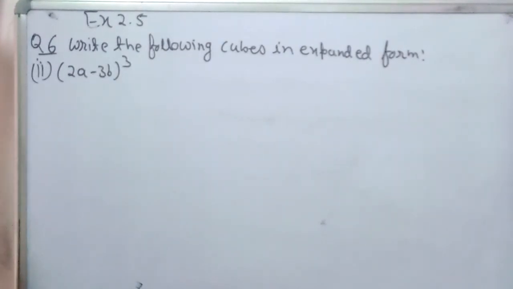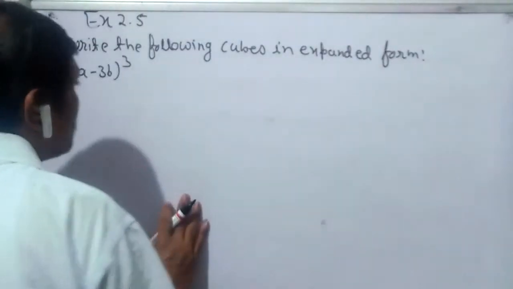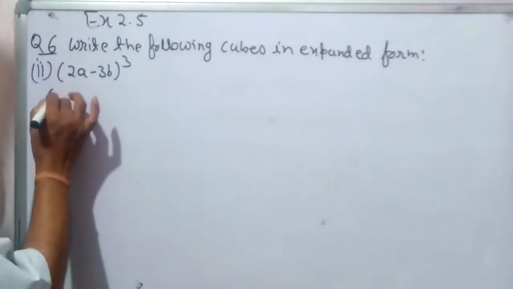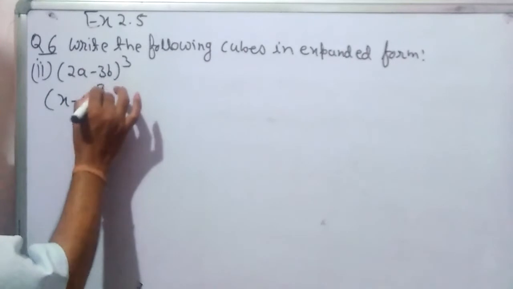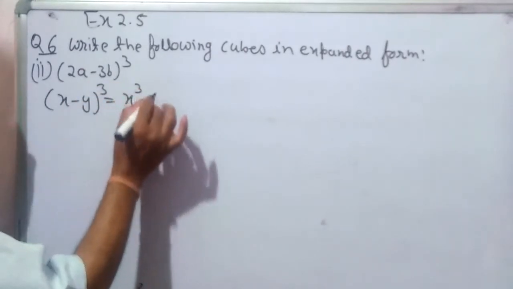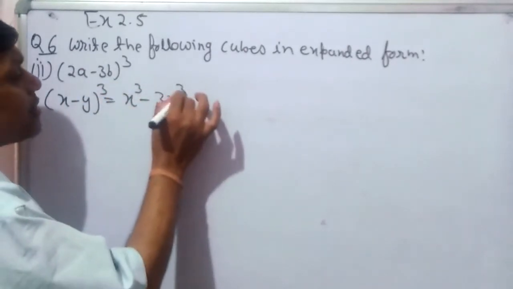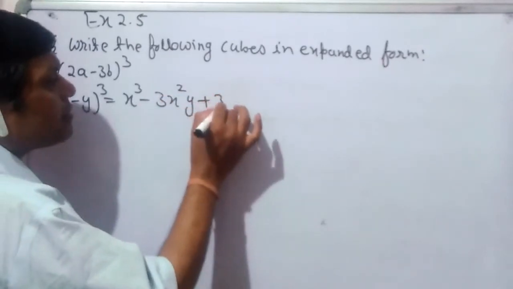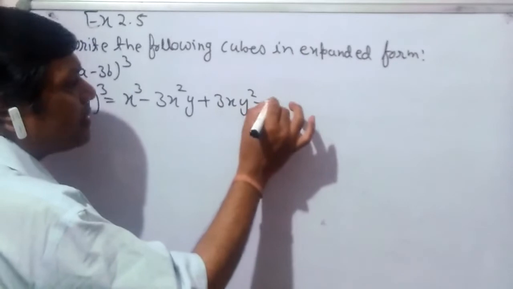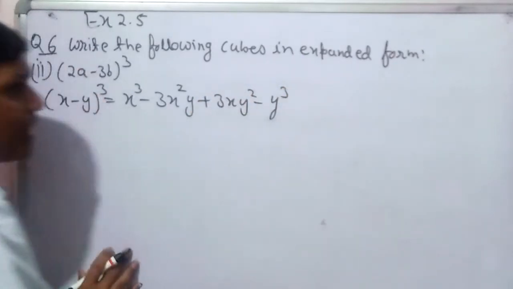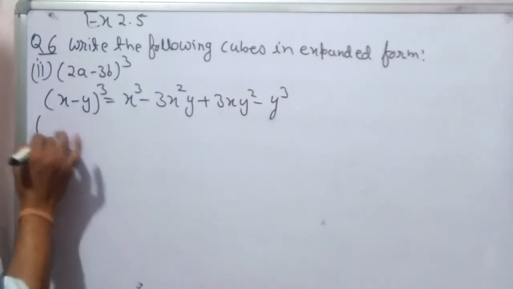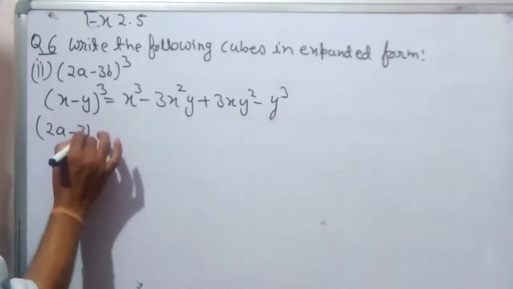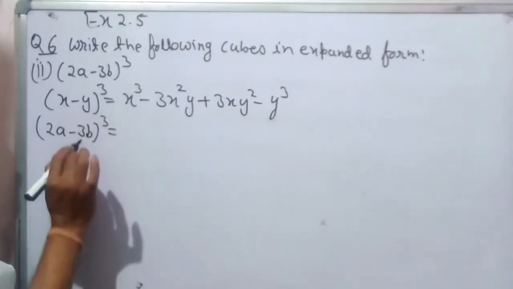The second part, students, is (twice a minus 3b) whole cube. Here the identity we observe is (x minus y) whole cube. And we remember this identity, x cube minus 3x square y plus 3xy square minus y cube. Just put up the values, (twice a minus 3b) whole cube.